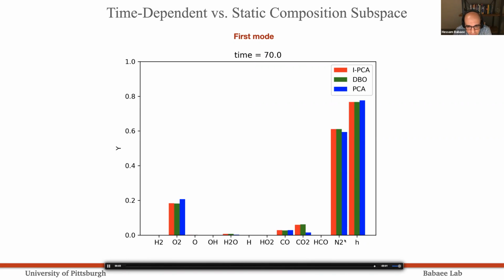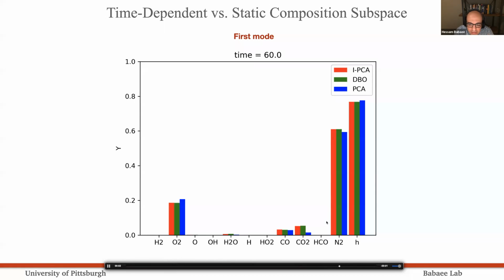But it also shows the interpretability of this reduction. This is the first mode, so this is the most important mode. The way to interpret this mode is that instead of doing a skeletal type reduction where you actually eliminate a species, it's better to take a time-dependent linear combination of all species and form a new species, if you want to name it that.